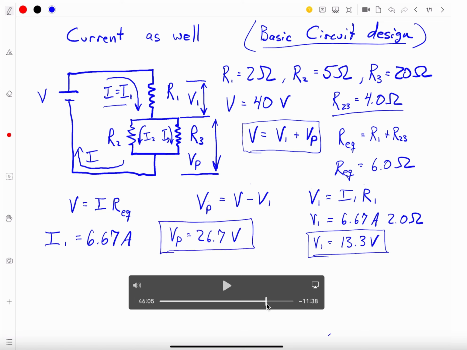Not a very important person, or vice president of something. We don't care about them. We've got R2 and R3 with a certain voltage across them. That's going to allow us to use Ohm's law and get the current on each one of them. So that's where we're going now.